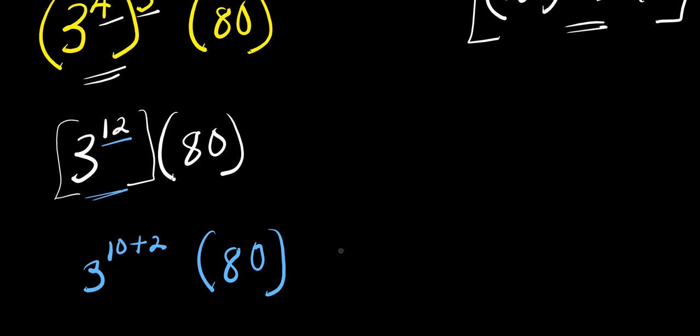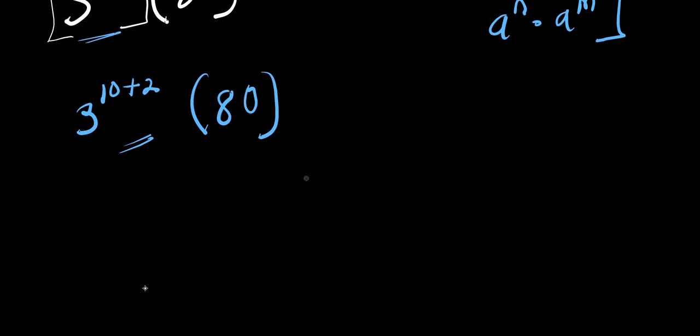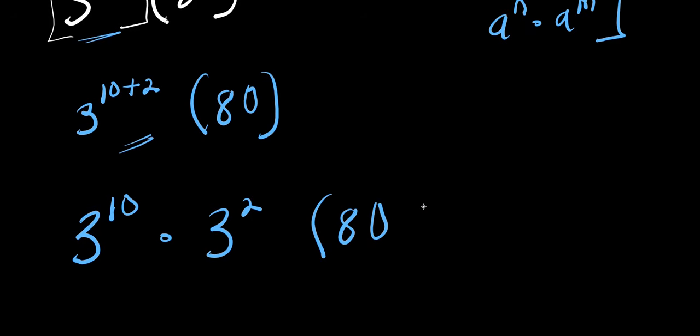Now, if you consider this a to the power of n plus m, this equals a to the power of n times a to the power of m. So we apply this identity here. We are now going to have 3 to the power of 10 times 3 to the power of 2 times 80.